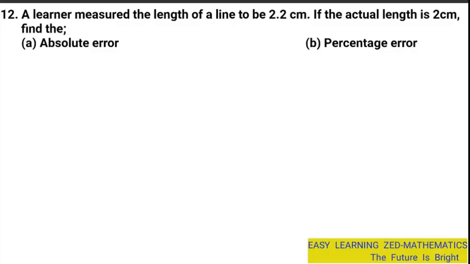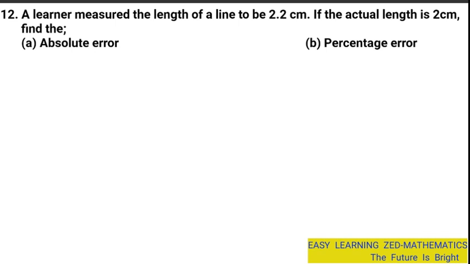Okay. So question 12 was: a learner measured the length of a line to be 2.2 centimeter. If the actual length is 2 centimeter, find A, absolute error, B, percentage error.